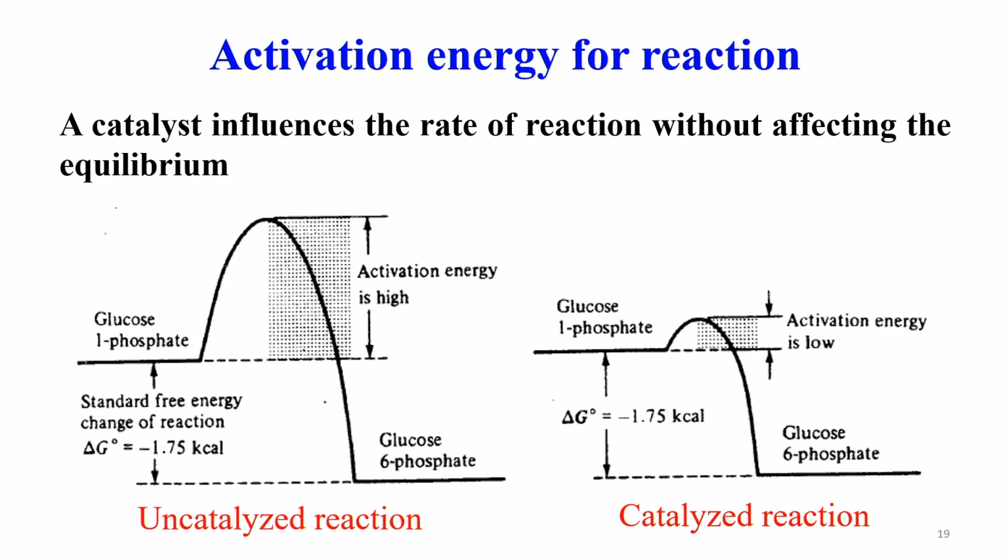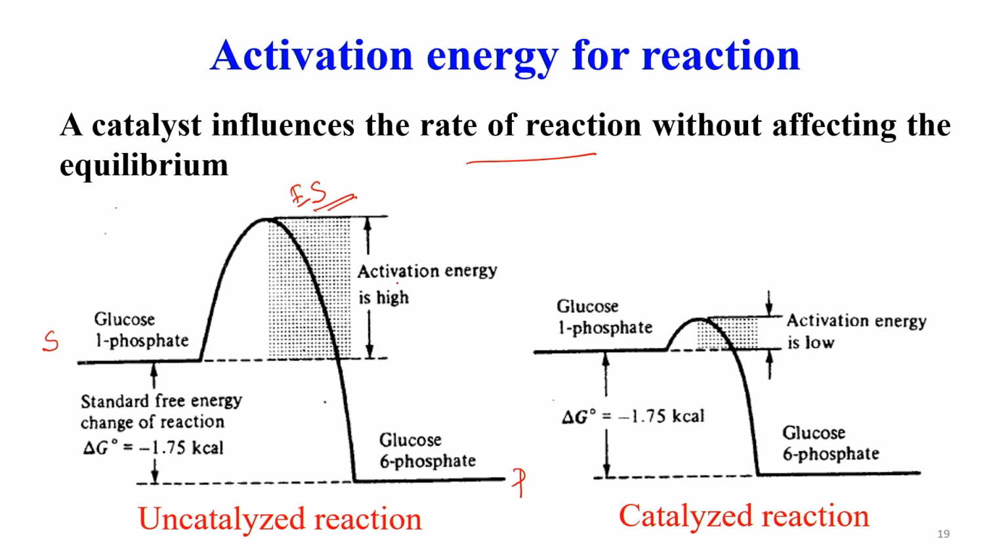Now, how is it able to affect the rate of the reaction? If you just see, this is your substrate, this is your product, and this is the enzyme substrate complex. From glucose you are going to the enzyme substrate complex, which has the higher activation energy, so the rate may be slower here.